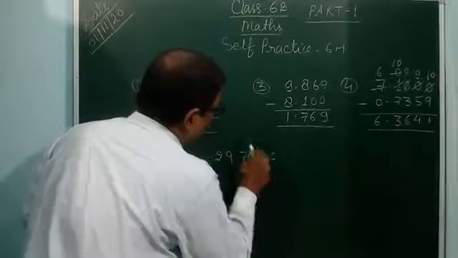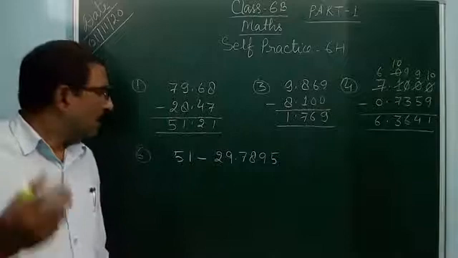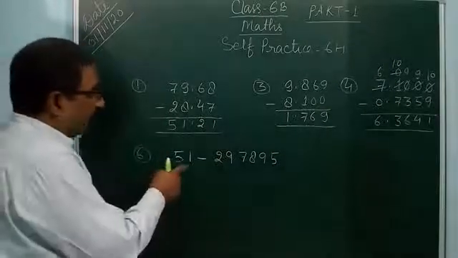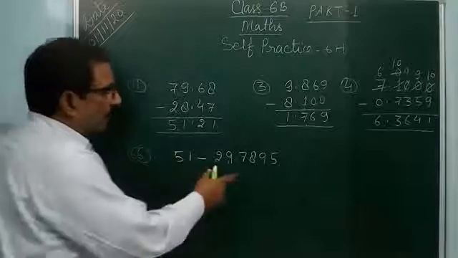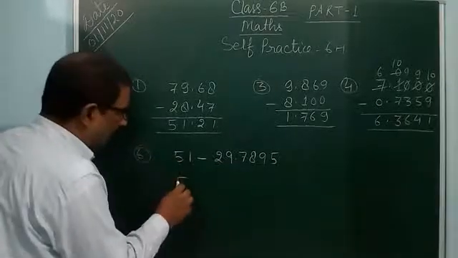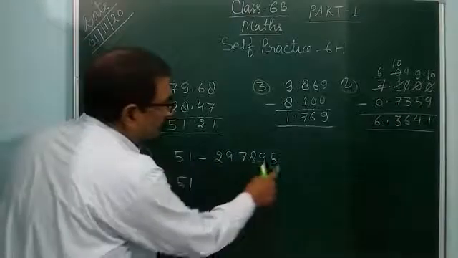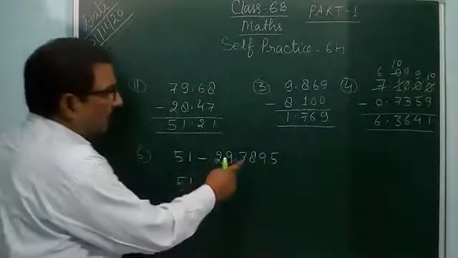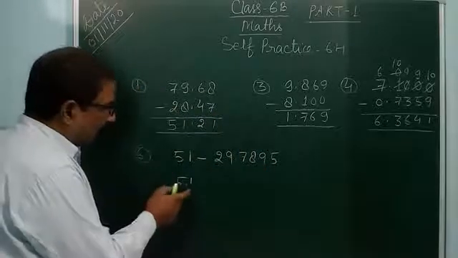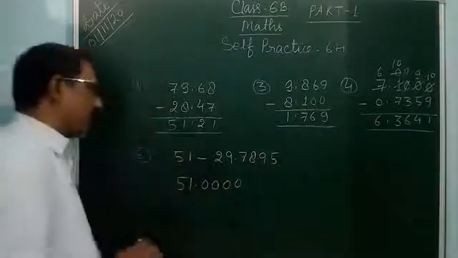So firstly you see how many numbers have the whole number. Here 51 is the whole number, and here in the decimal, 29 is the whole number. So you can arrange in the vertical form. After decimal how many digits are there? 1, 2, 3, 4 digits. So you can write 51 point and 4 zeros.